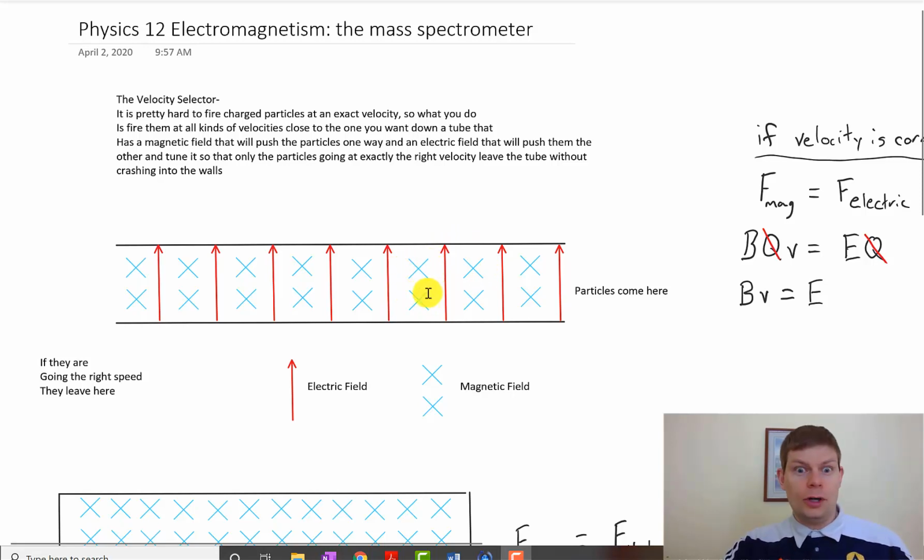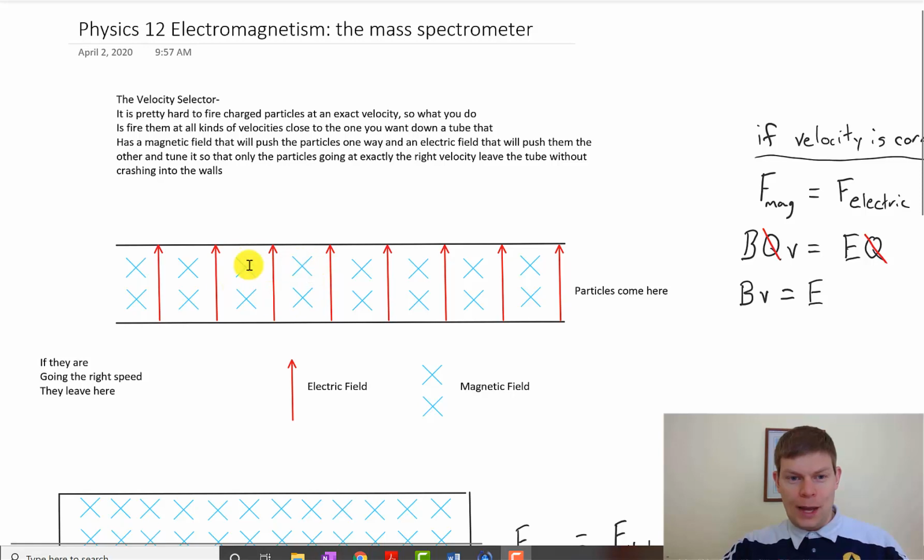It would actually work equally well for a negative particle as well. And the magnetic force depends on velocity. So if you can get your velocity exactly right, the magnetic force will exactly cancel the electric force and the particles will just zoom through.